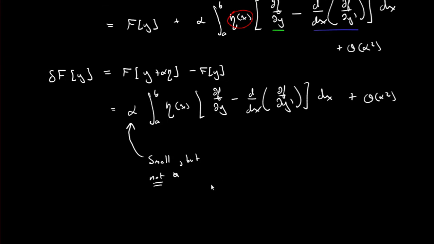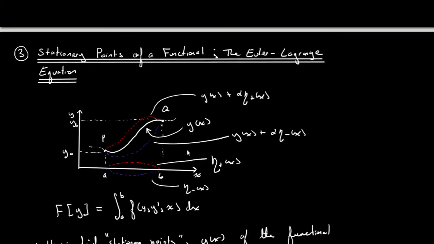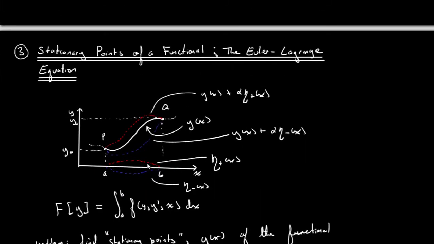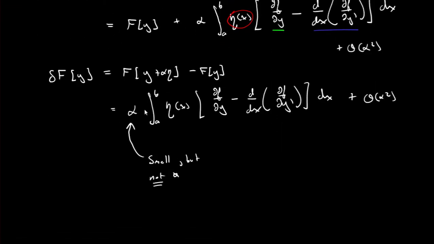Therefore, the only way for this to vanish is if for all x, this integrand vanishes, right? Because remember, eta's arbitrary. Eta is completely arbitrary just so long as it vanishes at the endpoint. If it vanishes at the endpoint, it's a good variation. We can drag its magnitude down as small as we want because it's multiplying that tiny, tiny alpha there, right? But eta is in principle arbitrary, just so long as it satisfies the boundary conditions.